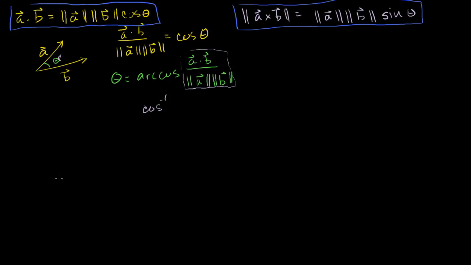So the length of a, so let me draw a, b. I want to do it bigger than that. So let me do it like that. So that is my vector b. So this is b. That is a. What is the length of a times the length of b times the cosine of the angle? So this is the angle. So the length of a, if I were to draw these vectors, is this length right here.